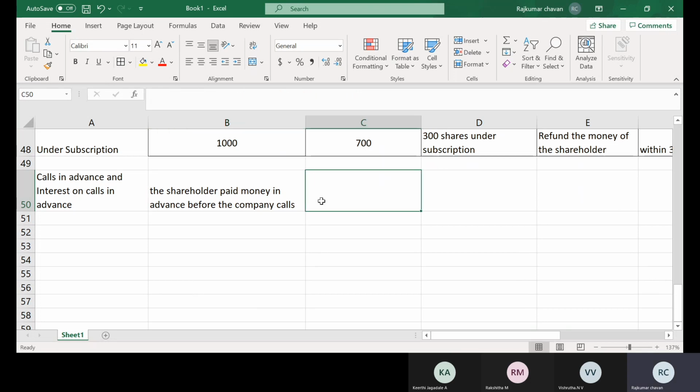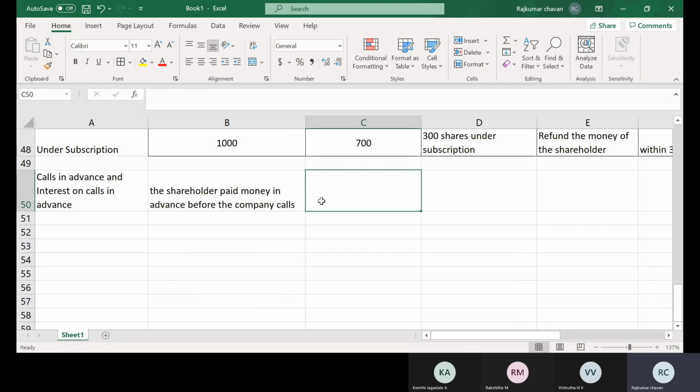I'm just writing what I understood. Every shareholder has to pay their money in terms of various calls, right? If some shareholders pay the money in advance, that is called calls in advance. The company will accept that money.